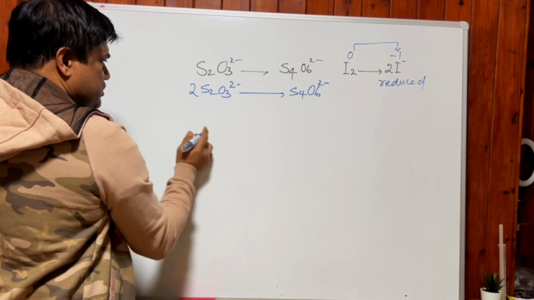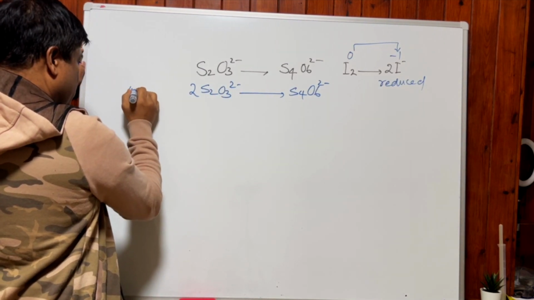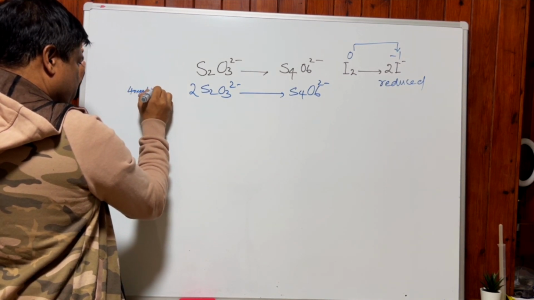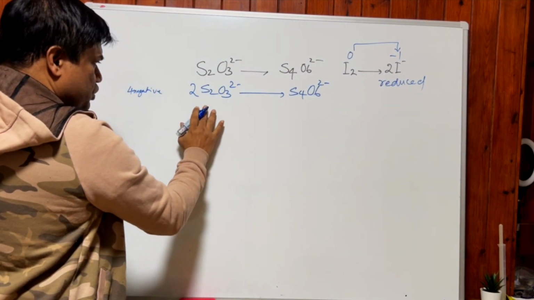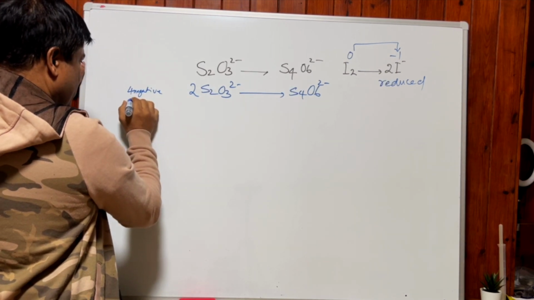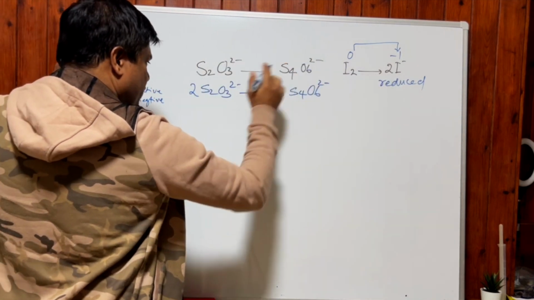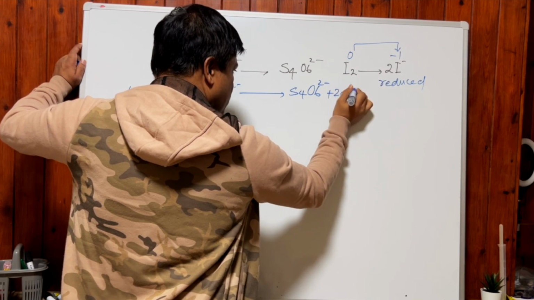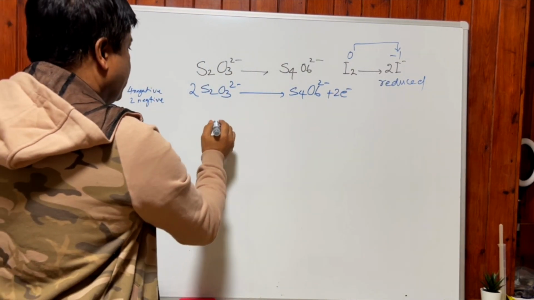Look at the charges. 2 times 2, 4 negative charge, and 2 negative there. So 2 negative charge left here. 2 negative out of 4, it gives away 2 negative. So I have to add 2 electrons to balance 2 negative charge here.